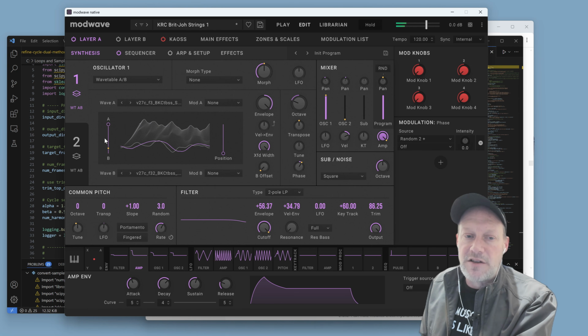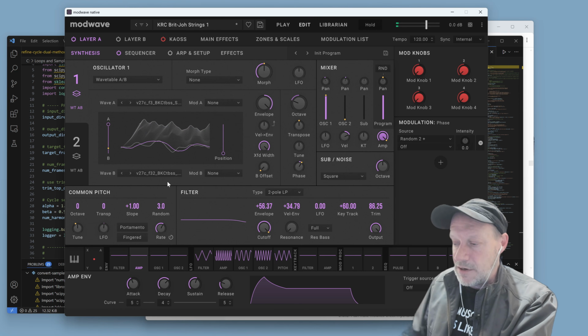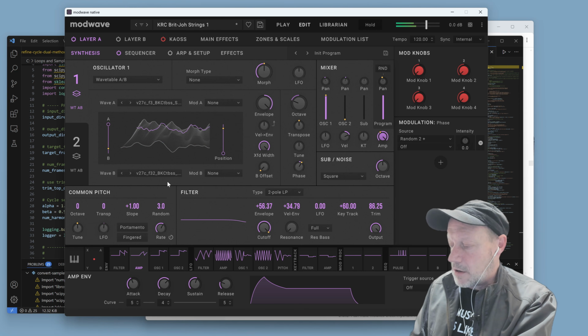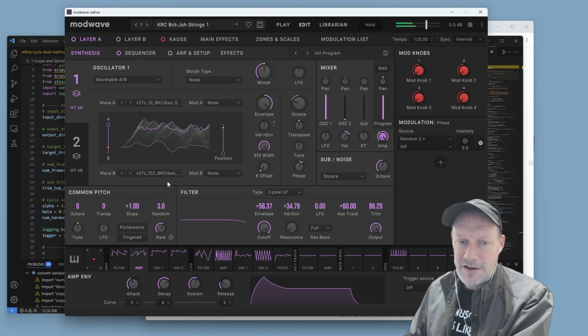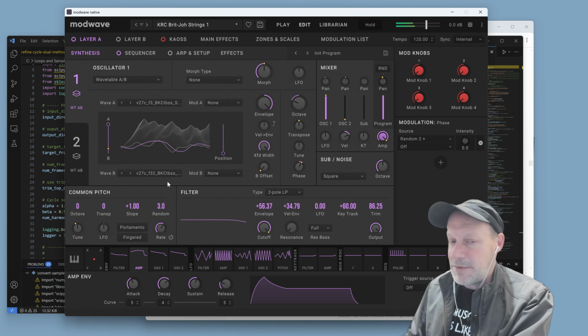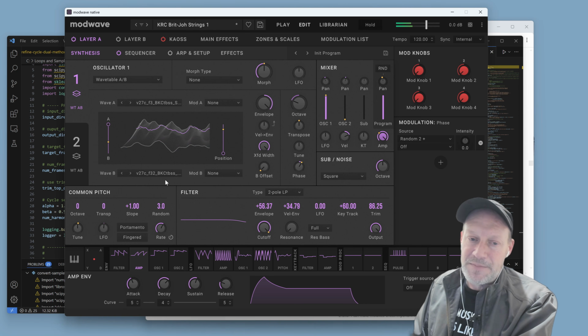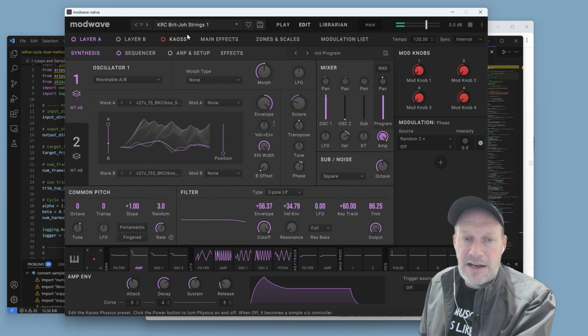So this is a contrabass, the original sample here. So like a low string instrument. And you can hear that there's a little bit of rosin in those bows. Pretty nice.